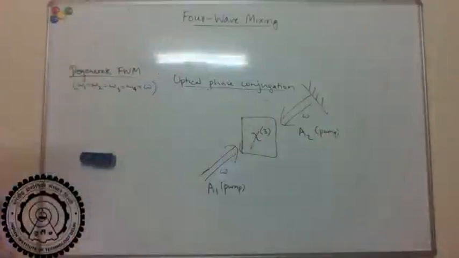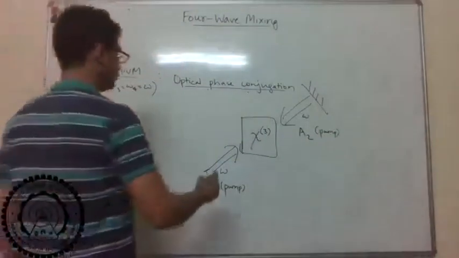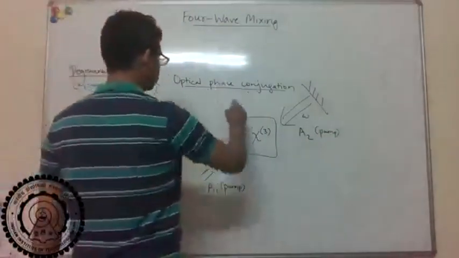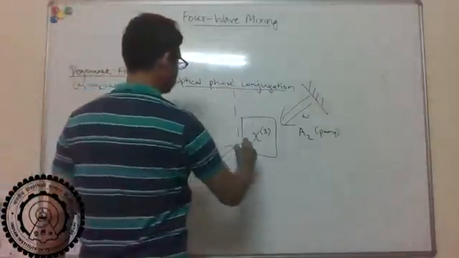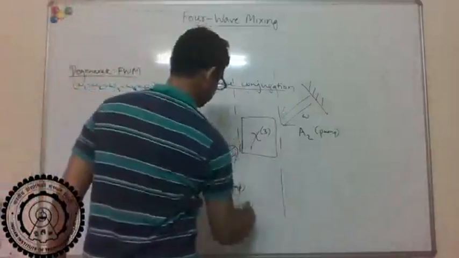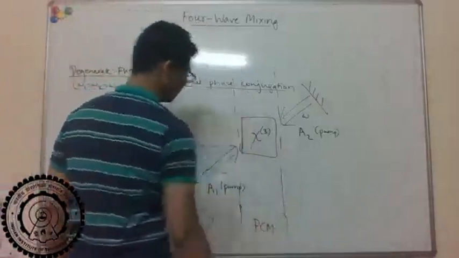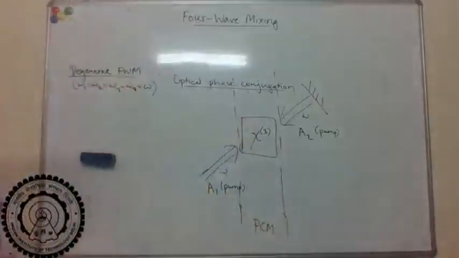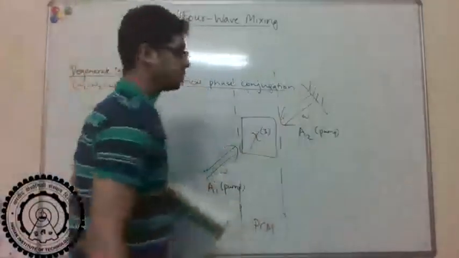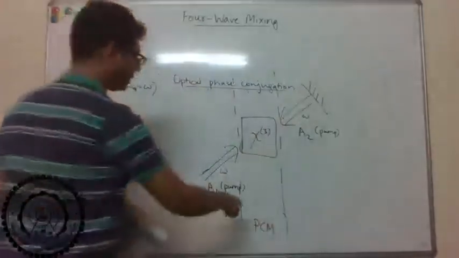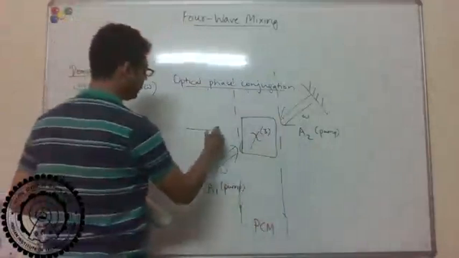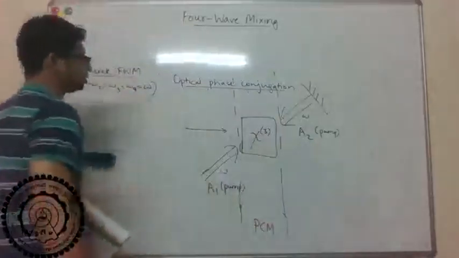And this chi-3 medium with these two strong pumps will act as a phase conjugate mirror for any weak beam coming in here.